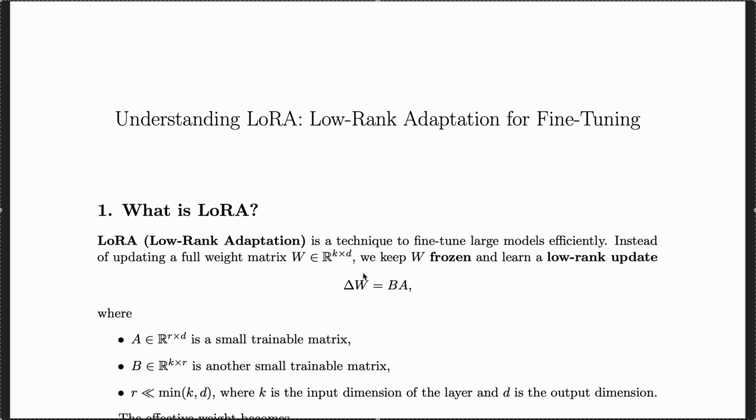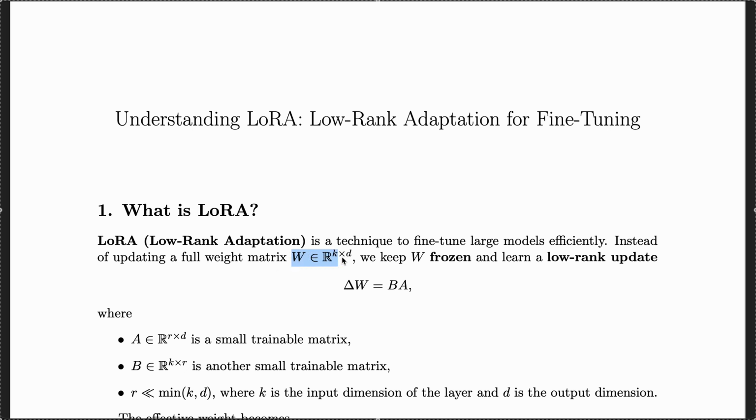We then add or subtract the values to the original big W, which was frozen. So we get to update the big W without having to calculate all the gradients and update them that way. And if this didn't make sense, please don't worry, because we're going to be looking at a numerical example as well.